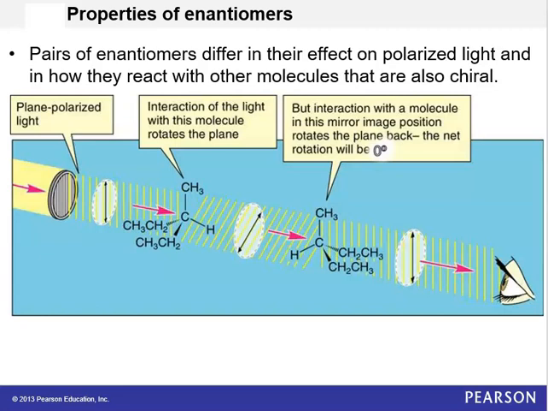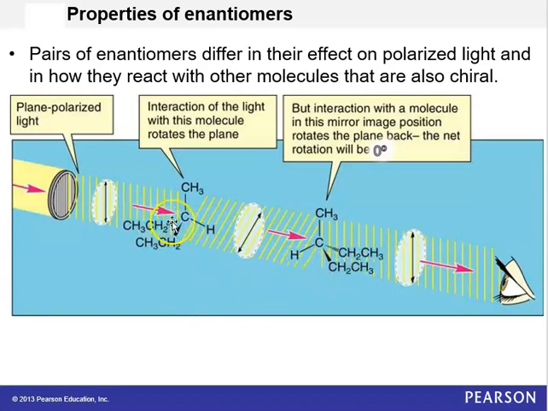So we don't necessarily name these compounds based on how, there's not a direction correlated with how we name them in organic chemistry in terms of the polarization of light. Pairs of enantiomers have a different capacity to polarize light. And an enantiomer is basically that mirror image form of the chiral molecule.